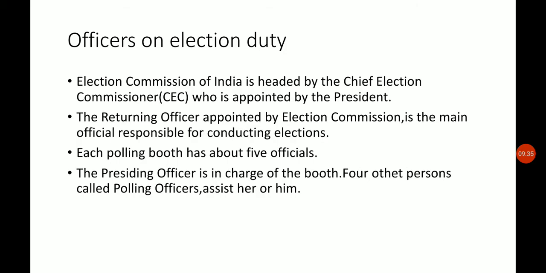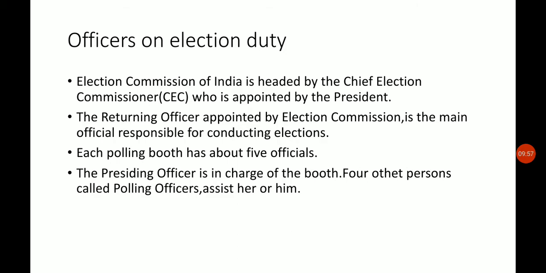Different officers are appointed on election duty when there is an election. We know that the independent body which has the responsibility to conduct free and fair elections is the Election Commission of India.